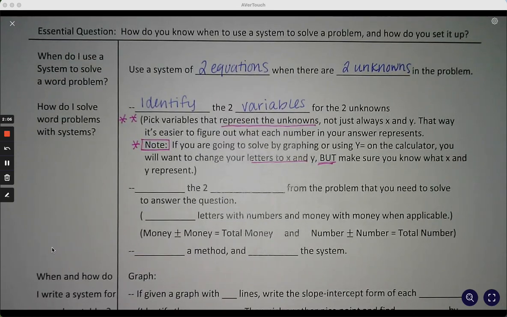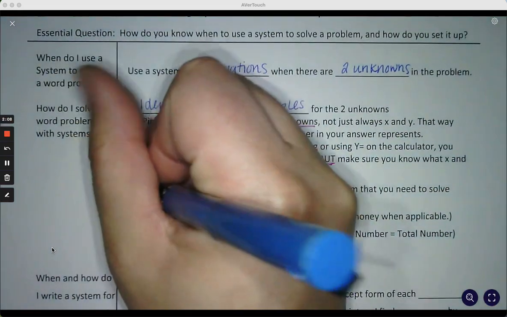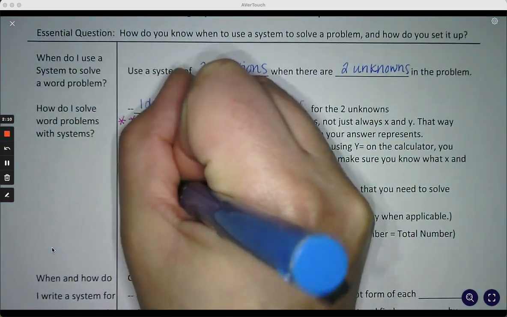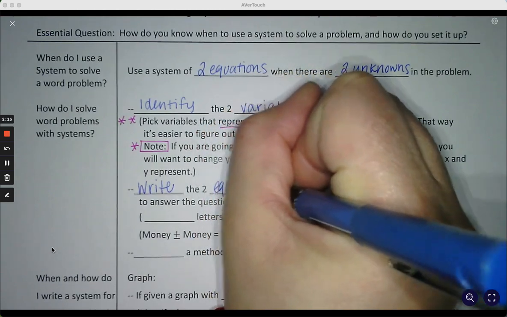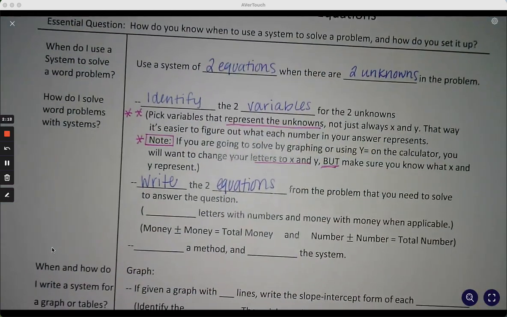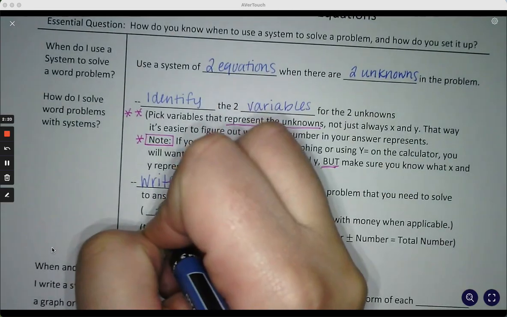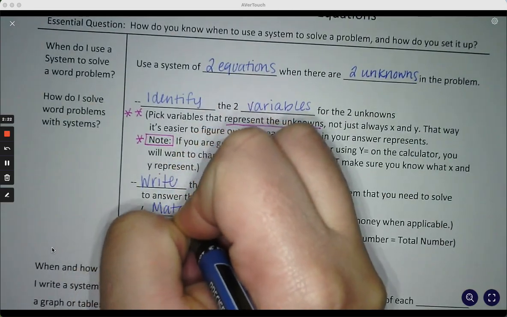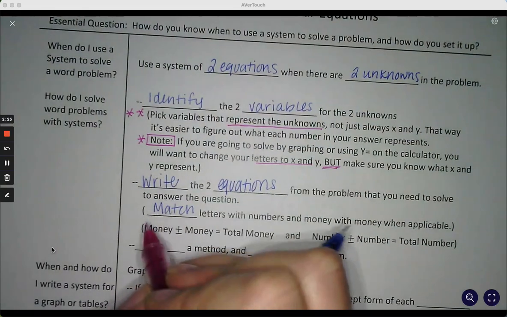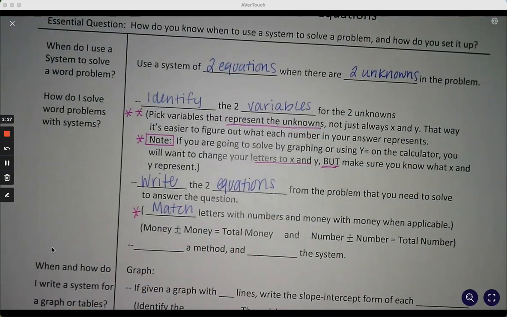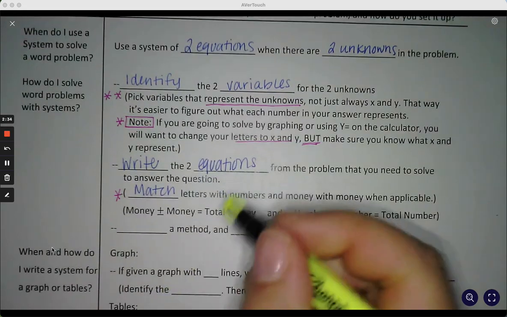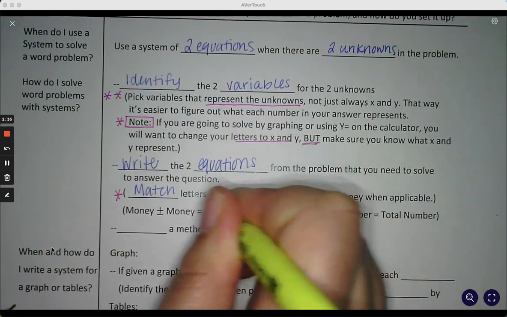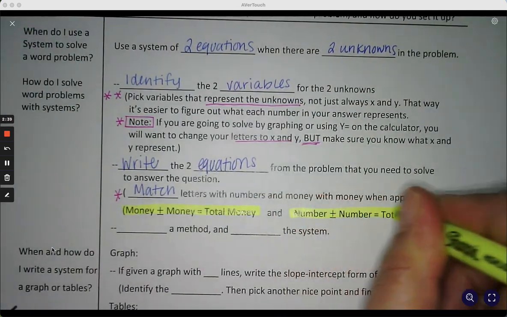After we identify our two variables, we're going to write the two equations from the problem that you need to solve to answer the question. Okay, we're going to match letters with numbers and money with money. Okay, so what does that mean? There's actually a perfect example in your notes where we match money with money and number with numbers.